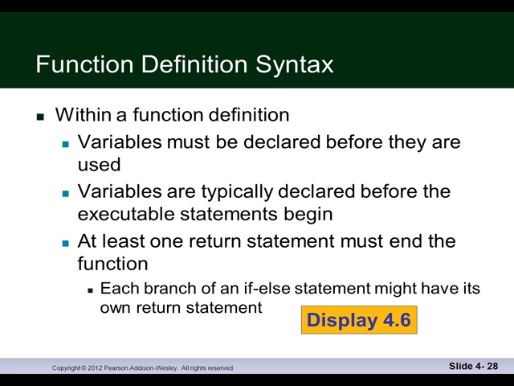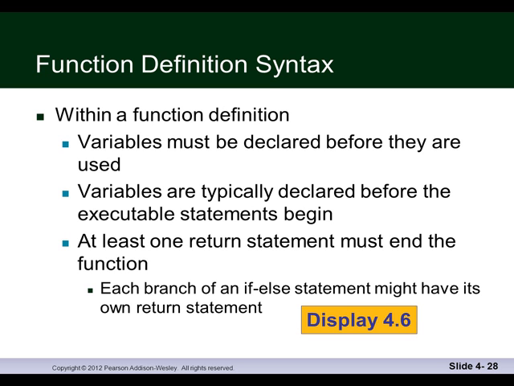Variables are typically declared before the executable statements begin. That means we are used to defining our variables before we use them. So we're going to have a section of declaring our variables, then we're going to do our processing. At least one return statement must end the function.